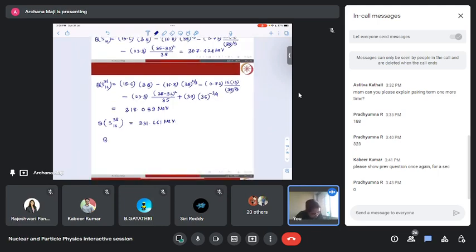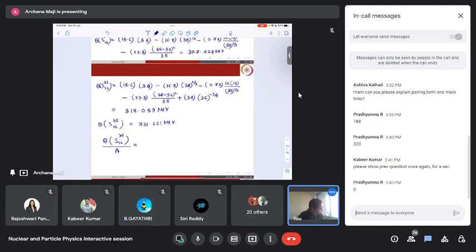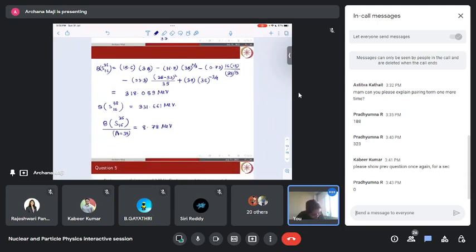So binding energy per nucleon for S3516 is equal to 8.78 MeV. So A equal to 35 is what you need to substitute in the denominator. Binding energy per nucleon of 3616: here A will be 36. This will come out to be 8.83 MeV.